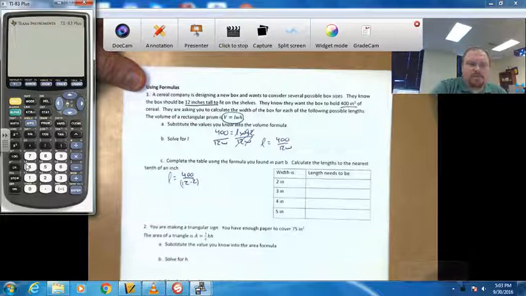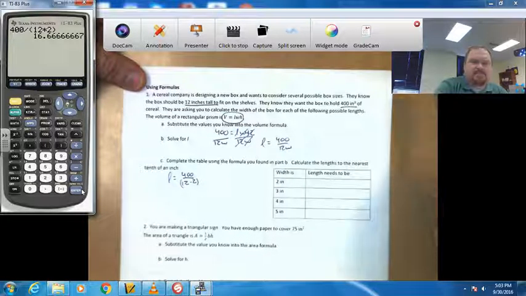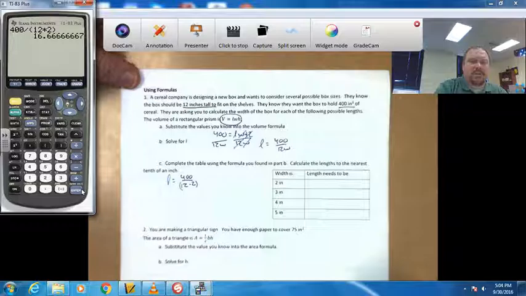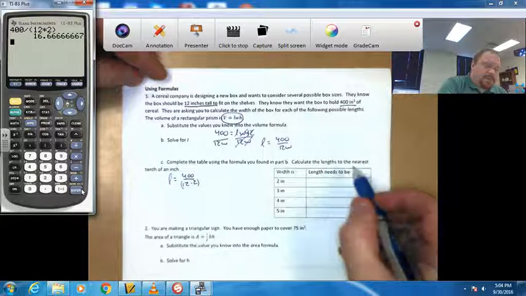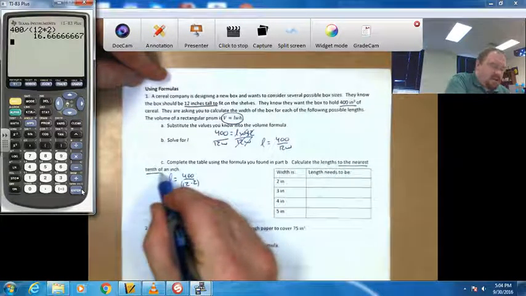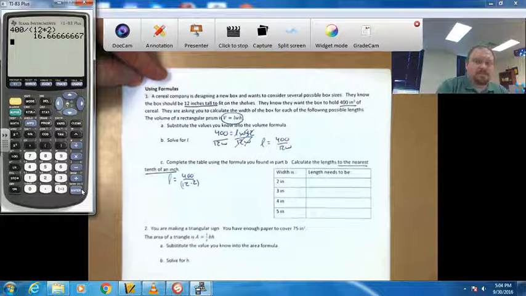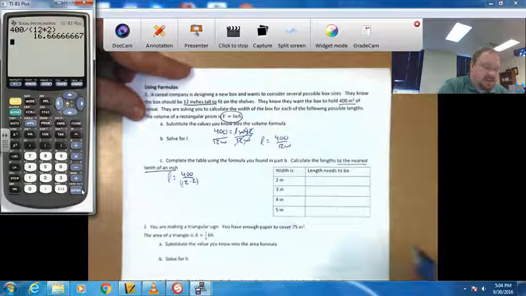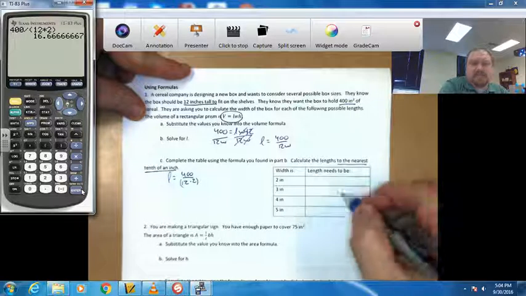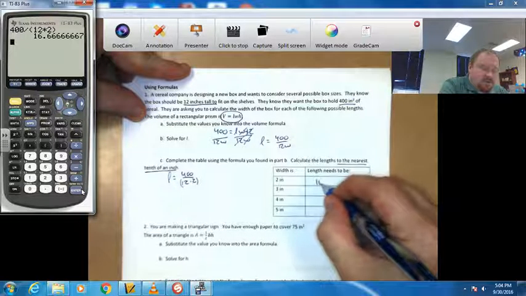So I'm going to type in 400 divided by, open the parentheses, 12 times 2, and close my parentheses. I hit enter, and it tells me it's 12.67, but they ask us to round to the nearest tenth of an inch. So that's what I'm going to do. 0.66 rounds to 0.7.